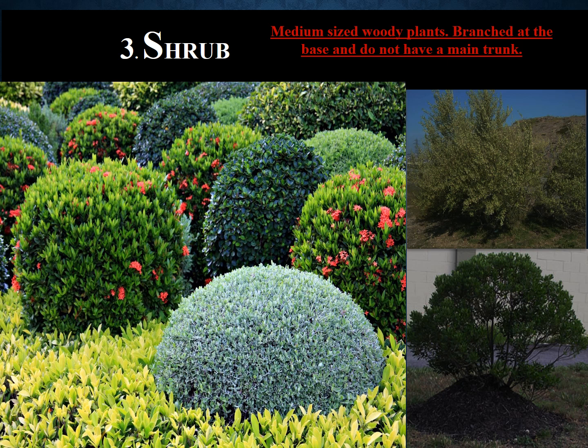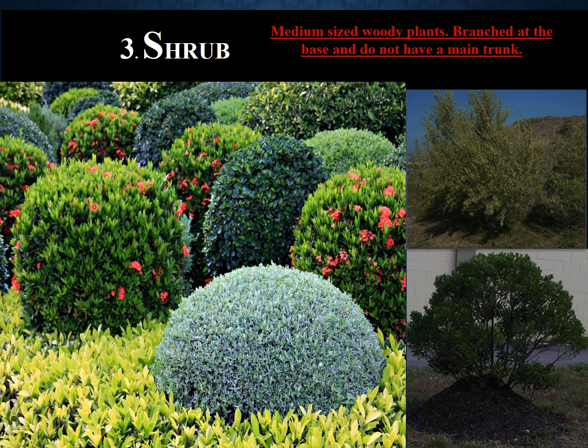The second type of habit is shrub. The plants which are called shrub are medium-sized and these are woody plants, and the branches arise from the base of the plants and do not have a main trunk. Usually they are short woody plants and less than 30 feet height.